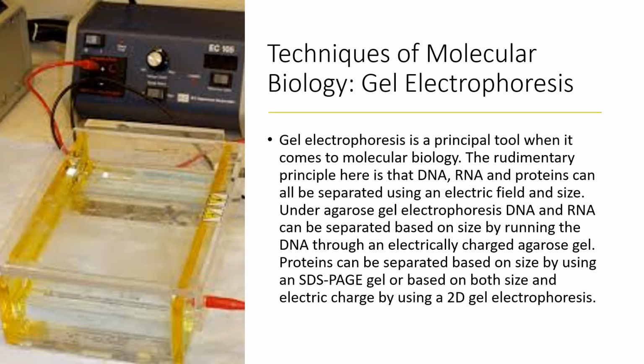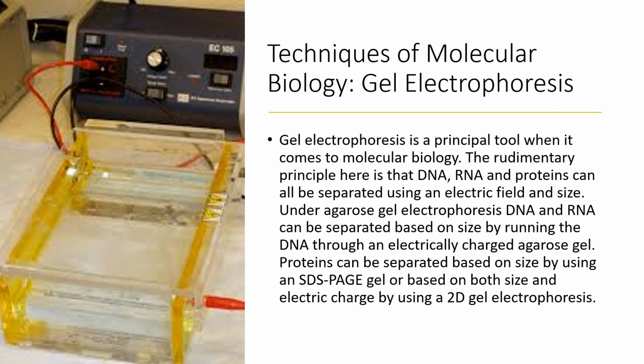Gel electrophoresis is another molecular biology technique. Gel electrophoresis is a principal tool when it comes to molecular biology. The rudimentary principle here is that DNA, RNA, and proteins can all be separated using an electric field and size.